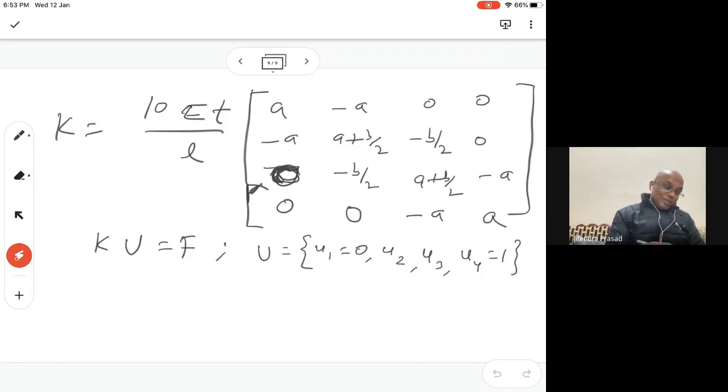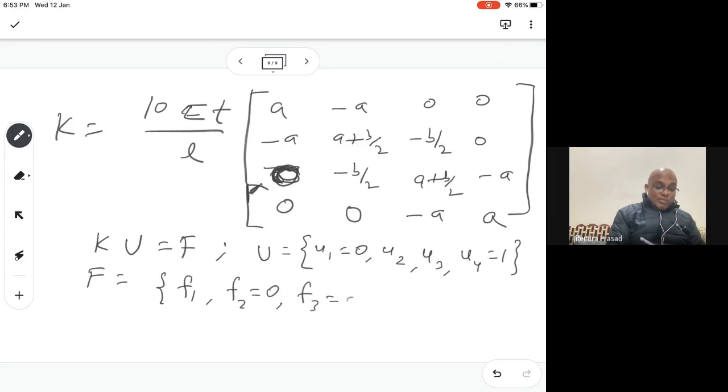So you need to actually, where f is equal to, you have forces you don't know, first one, which force? F1 you don't know because this is fixed. F2 is equal to 0 because there is no force applied. F3 equal to 0 because no force applied. And then you have F4, right? And F4 you have to find out, right?